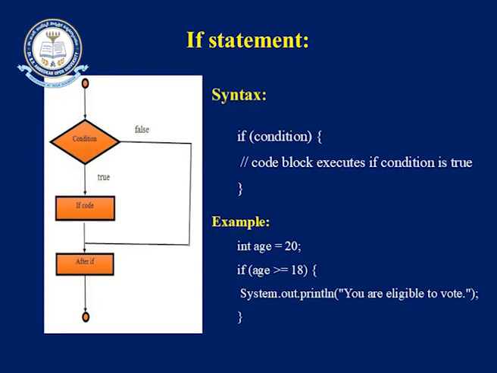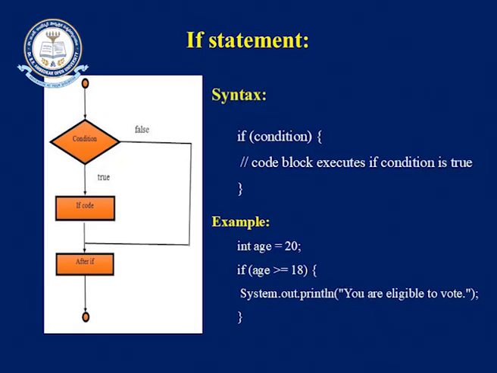You can see this is the syntax of how you write an if statement, and this is an example of it. You write the if and within parentheses you write the condition, and if the condition is true, then the following code is executed. Here we have a simple example to understand this concept. I have a variable age equals 20 and I am checking whether the age is greater than 18.